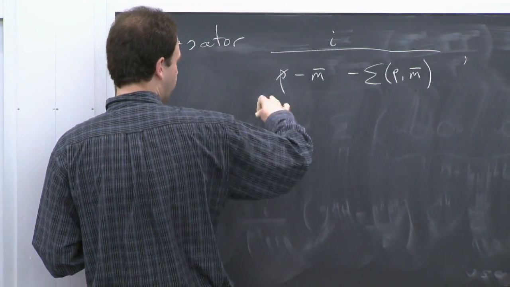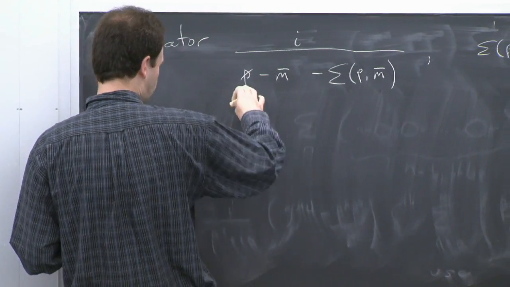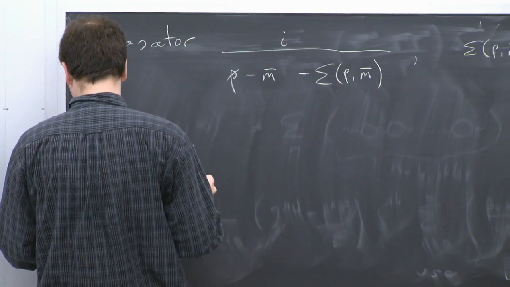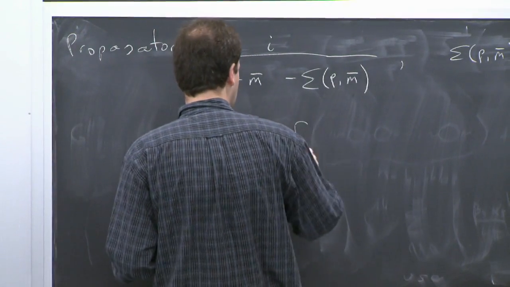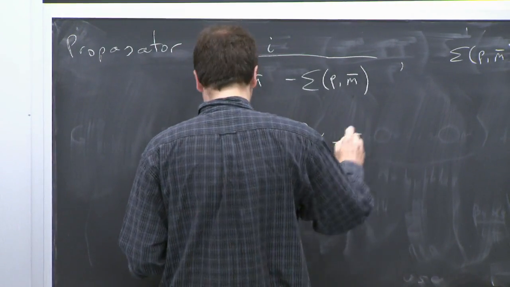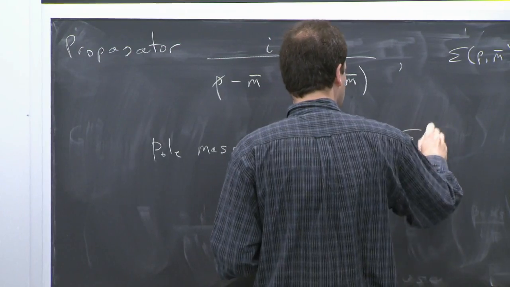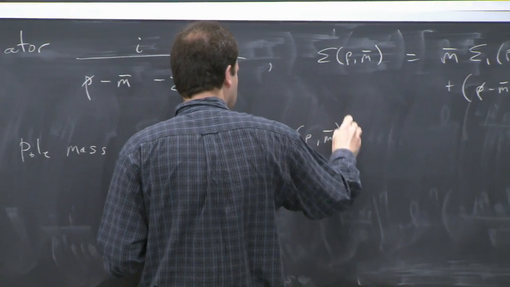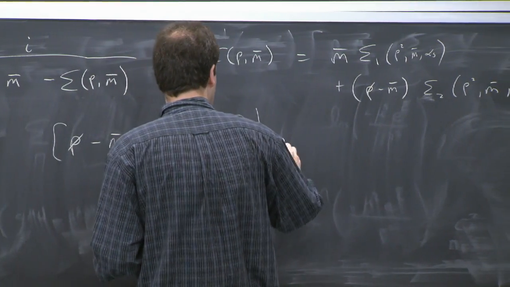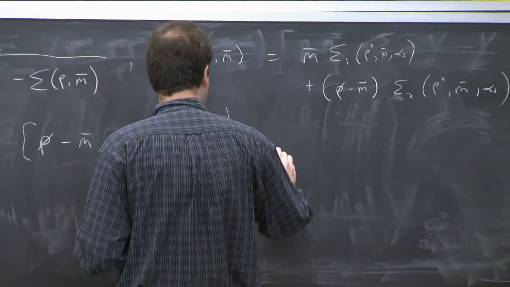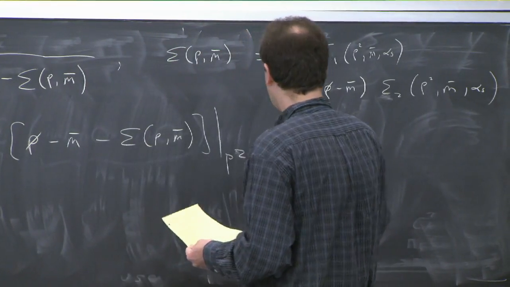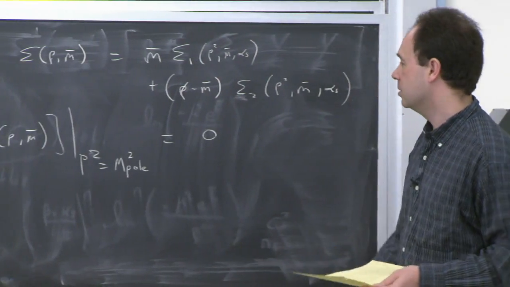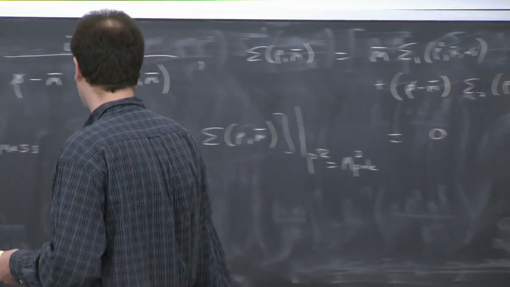And the pole mass is the place where you demand that you just have p slash minus m pole. So another way of saying that is that if p squared is equal to m pole squared, you just set that to be 0.